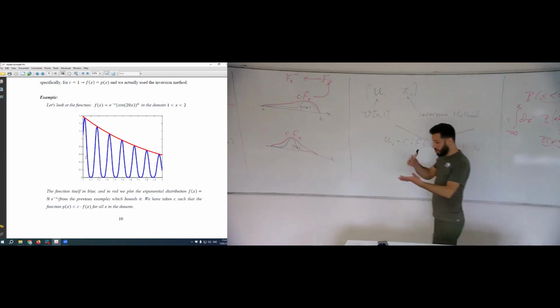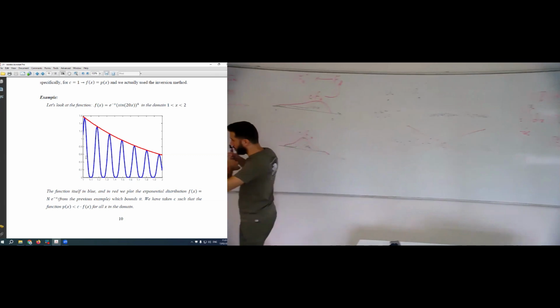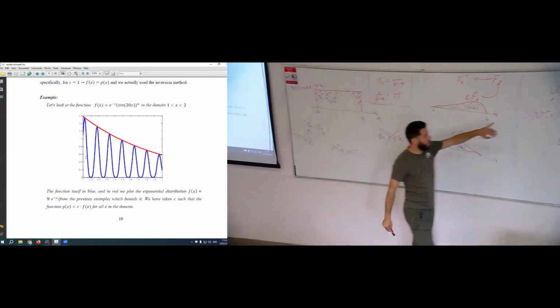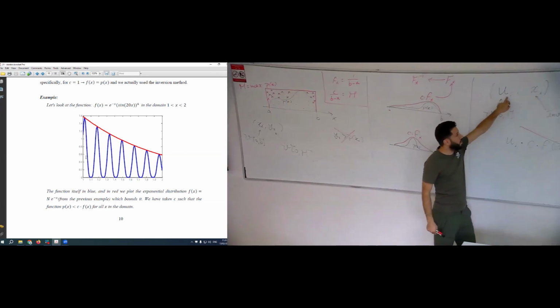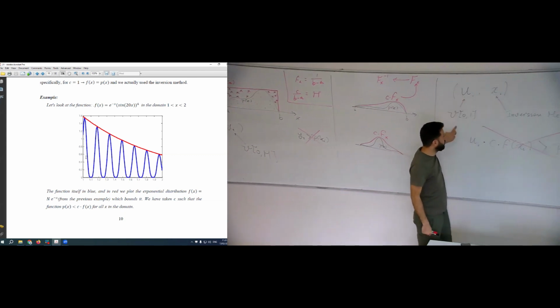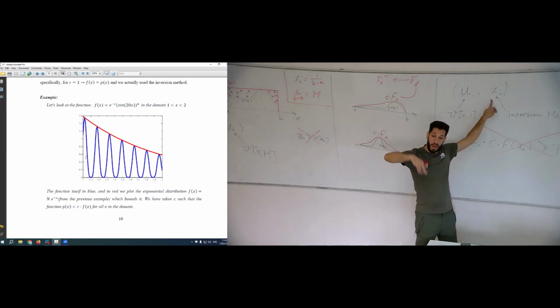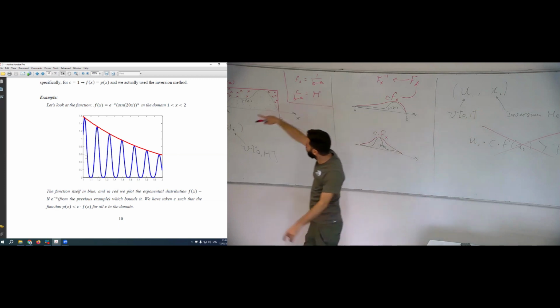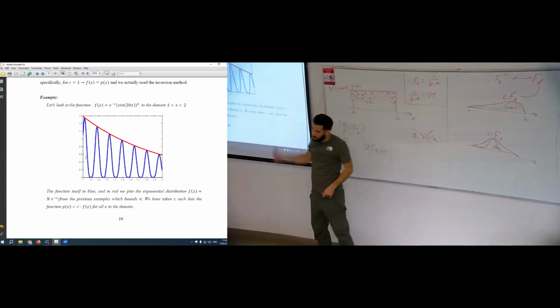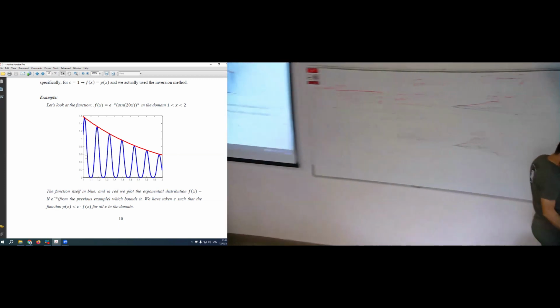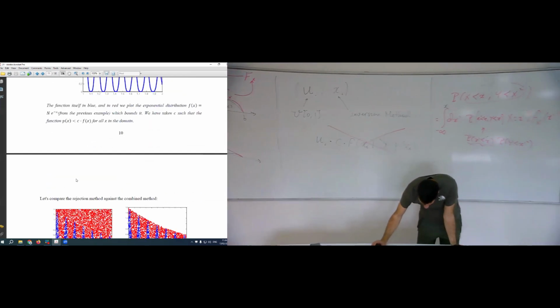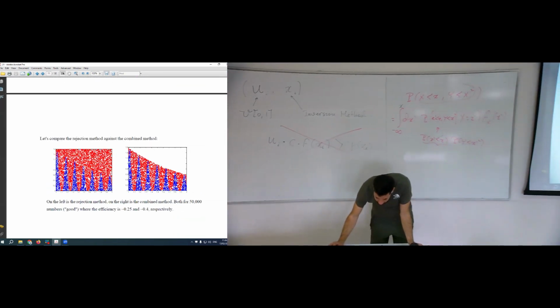Okay, I produce the first u0, let's say, or u1, and produce x1. The u1 is uniform. The x1, I produce some uniform and apply upon it the inverse of this function. Okay. And you can see that this is our rectangular way or acceptance rejection way.